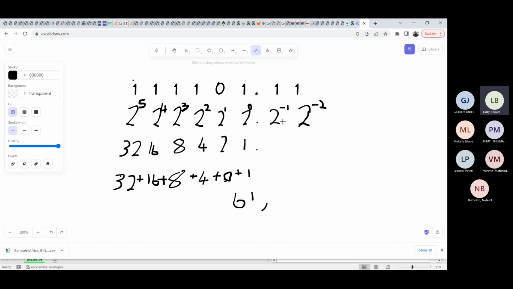Yeah. So 2 to the power minus 1 is a half. So we're basically just dividing by 2 all the way. So here we were doubling everything, and here we're getting half of everything, right?